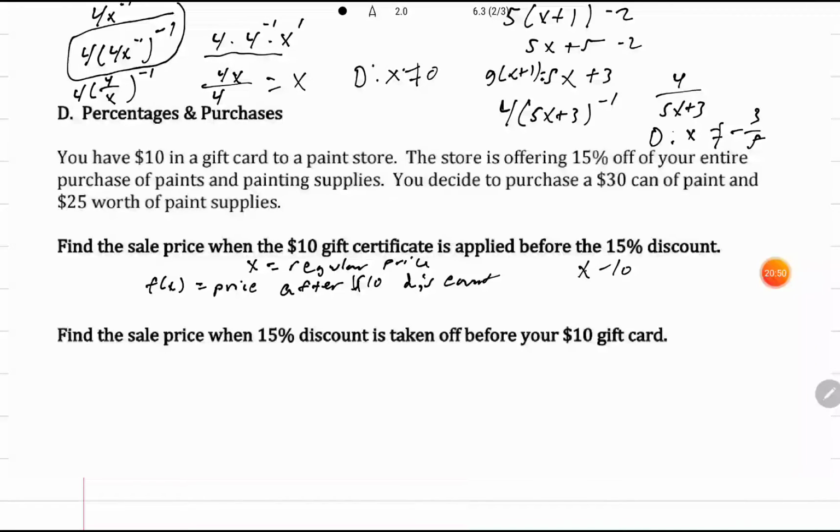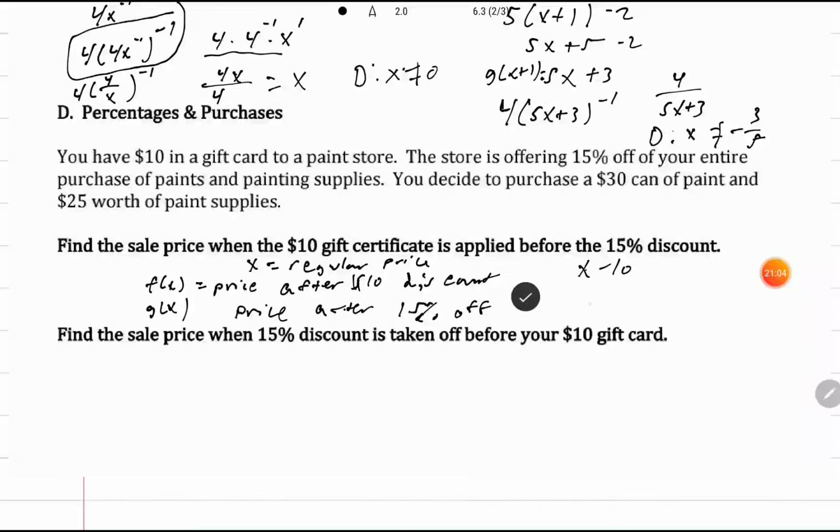And then let g of x be the price after the 15% off. So that represents the total price minus 15% of it, which is 0.85x, right? If you take 15% off, that means it's 85% of the total.